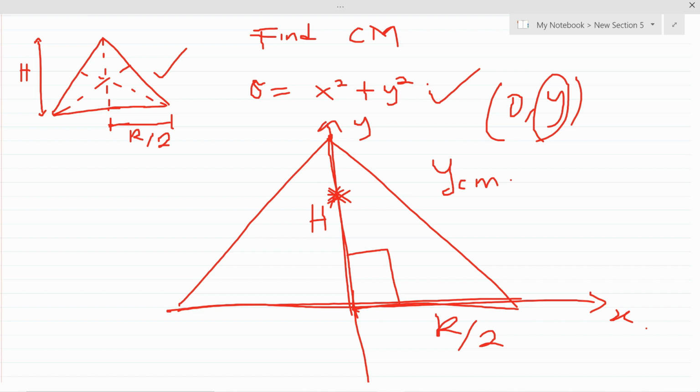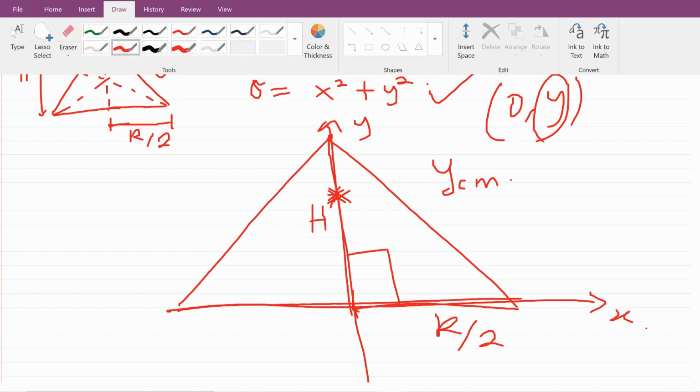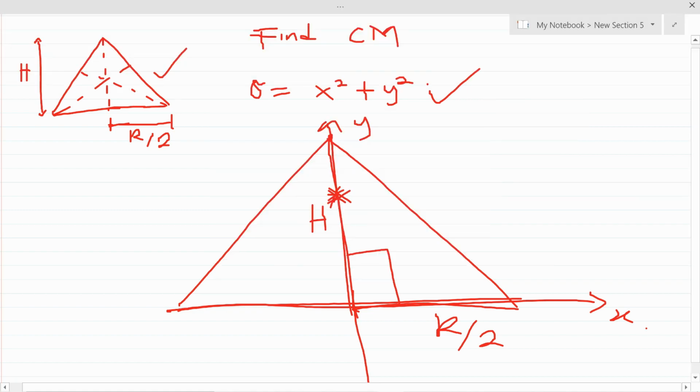Now let me write our center of mass formula back for you. Since it is only on the y coordinate or the y axis, it means that we'll be in one dimension.